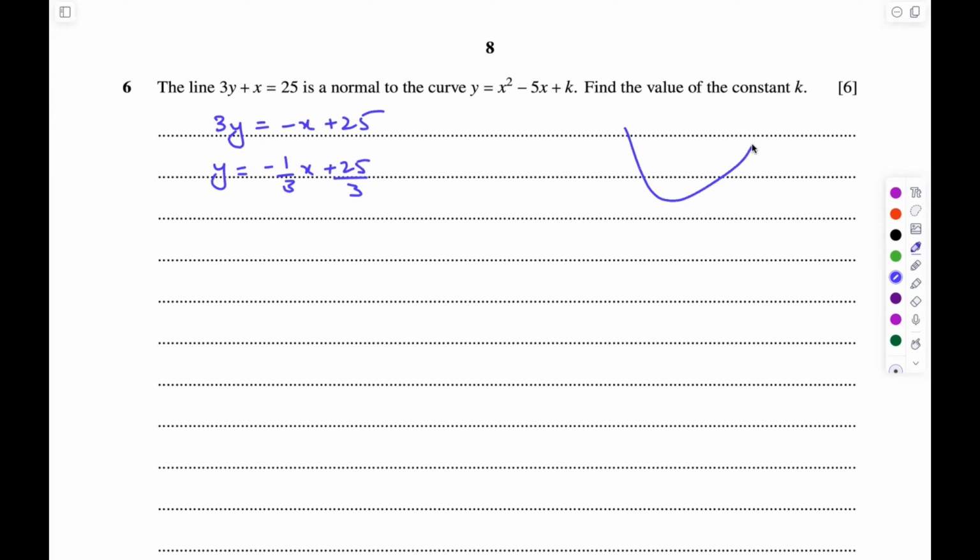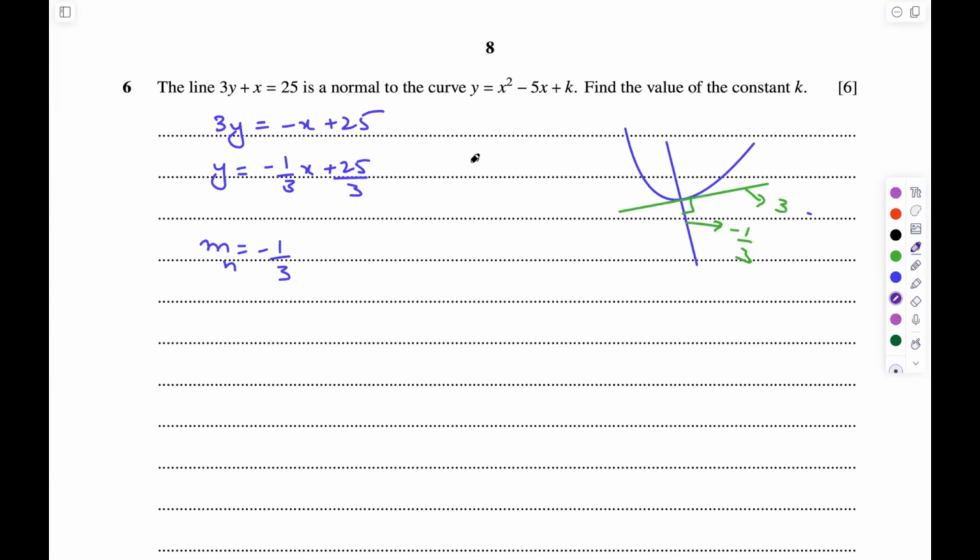Let's say we have a curve over here and this is a normal. This normal has a gradient of minus 1 upon 3. From the equation, we can take it as y equals mx plus c, so the gradient of the normal is minus 1 upon 3, which means the gradient of the tangent will be positive 3.